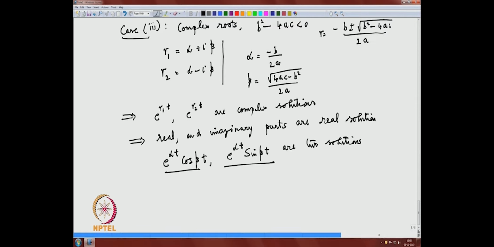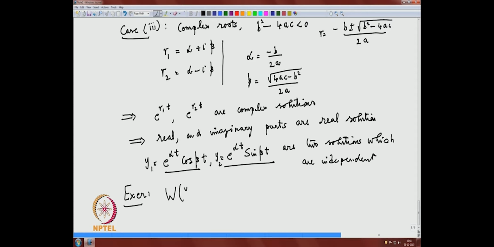What about their independence? Are they independent? Yes, they are independent solutions. How do you compute? The same trick, there is no problem. It is a simple computation. So, this is your y1 and this is your y2.